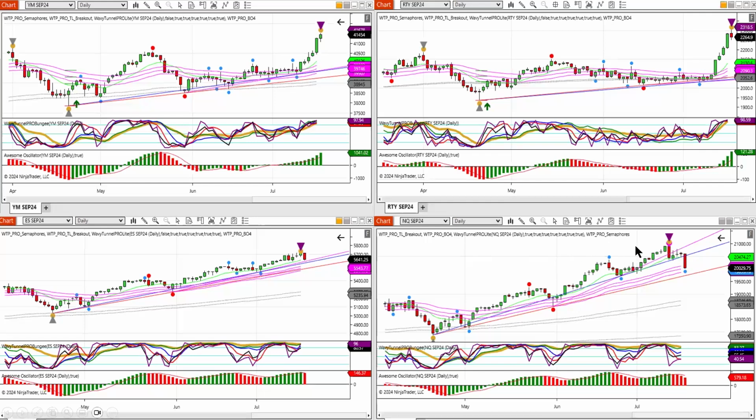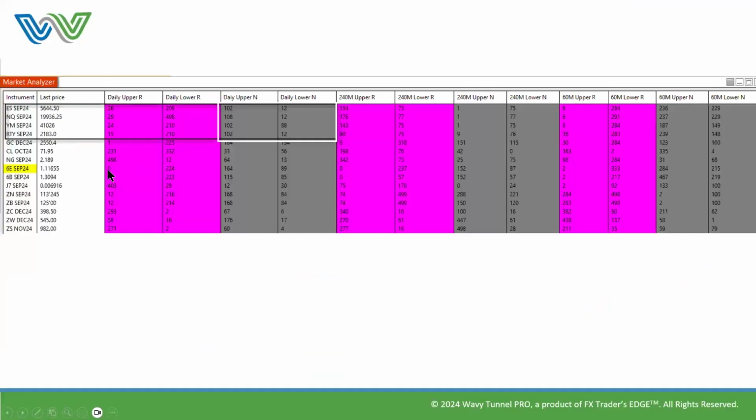So the NQ, if you remember on this day, showed weakness before anything else did. And then when we scanned a few weeks later, we ran the same scan. So this was actually 25 days later. You can see this 26 days later on the ES, right? And the NQ was 29 days later.